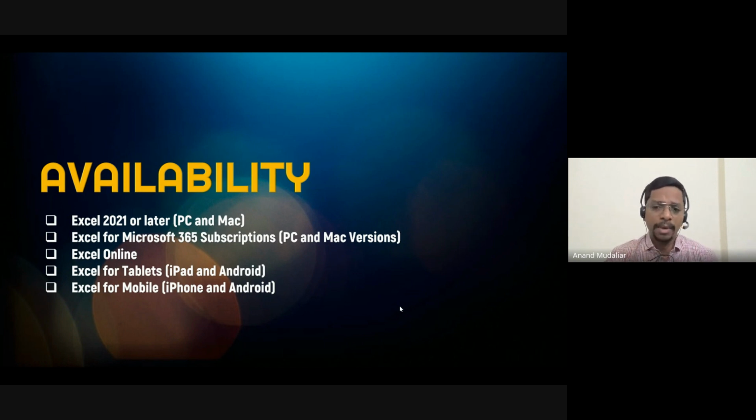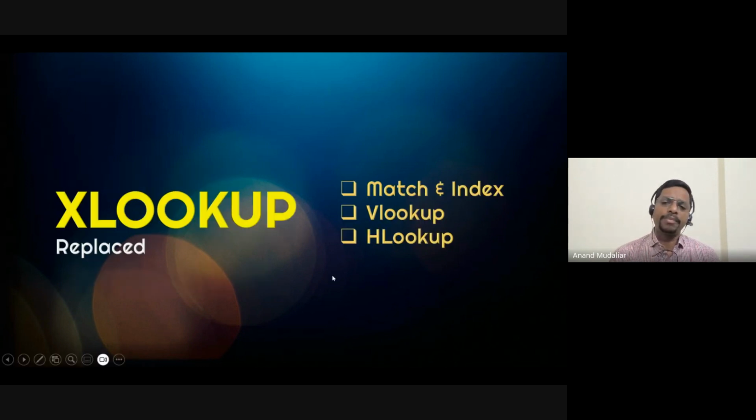This option is available in the latest version after 2021 and MS Office 365. Clear with that? Now, this XLOOKUP has replaced, that means nowadays people are not using match, index, VLOOKUP, and HLOOKUP.